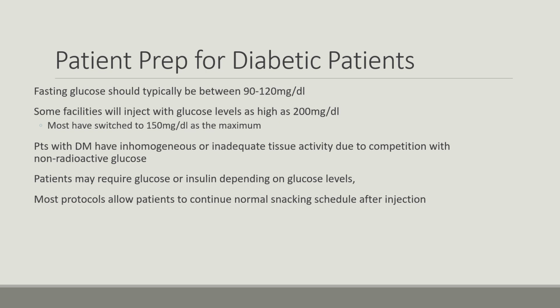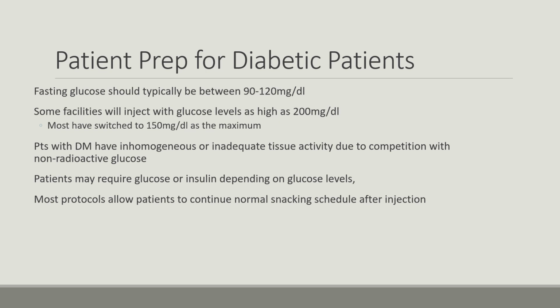When your blood glucose levels are really, really high, the cells in your body tend to be saturated with glucose, and they're not really taking up any more glucose, which is why it starts to build up in your blood and you get high glucose levels in your blood. So if we come along and inject more glucose into that, it's just going to raise their blood glucose levels, but it's not really going to concentrate in their cells because it's already saturated with non-radioactive glucose.